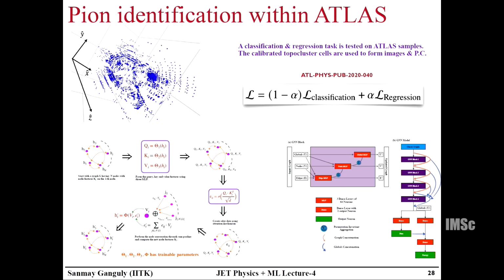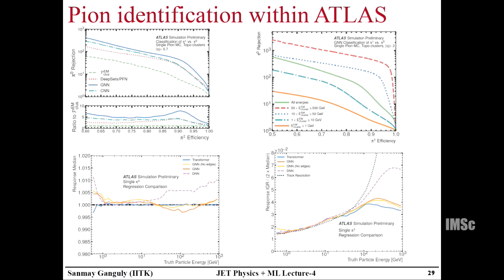So I just wanted to show you that what I am talking about is not something very superficial that can't be used. That's not the case at all. Rather, this has become a very standard way of reconstructing our individual hadrons and objects and trying to tag them.